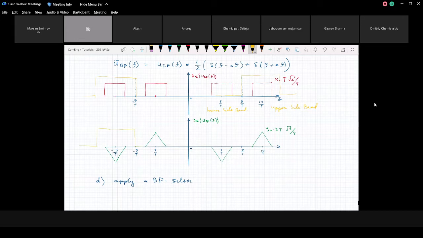Strictly speaking, we need a filter that goes from 9 over T and then goes to plus infinity.